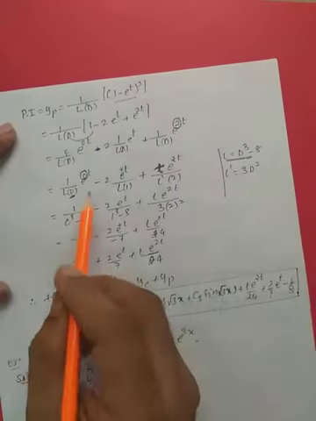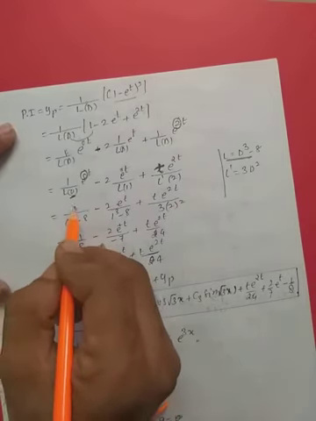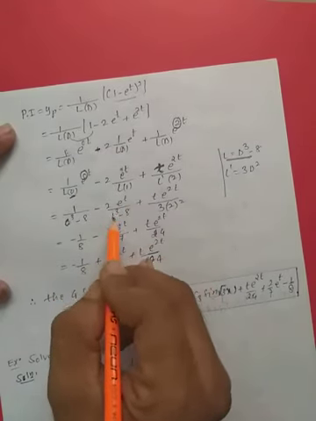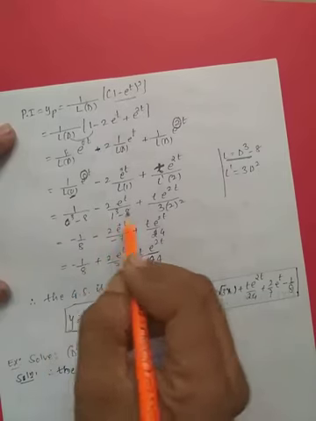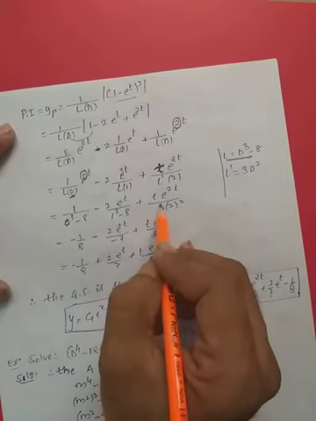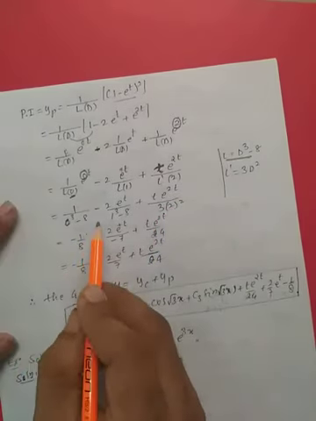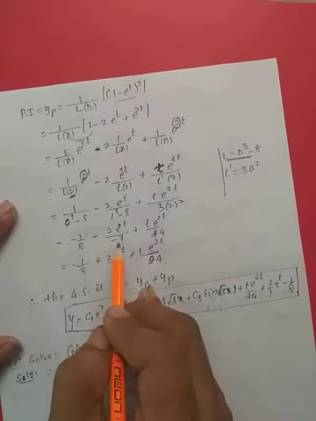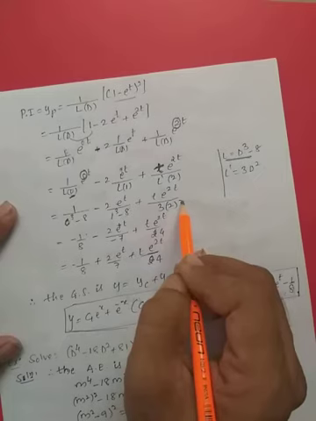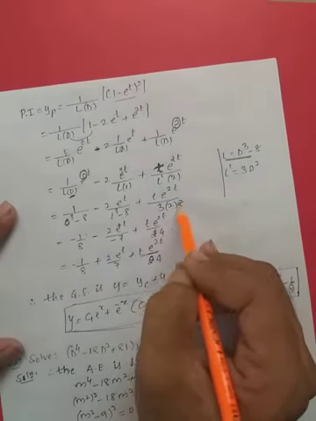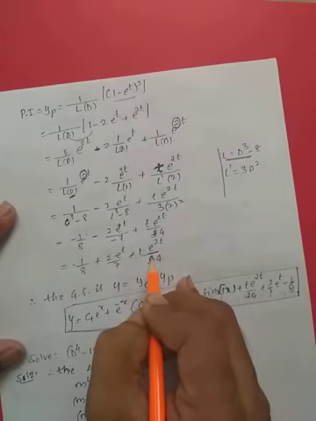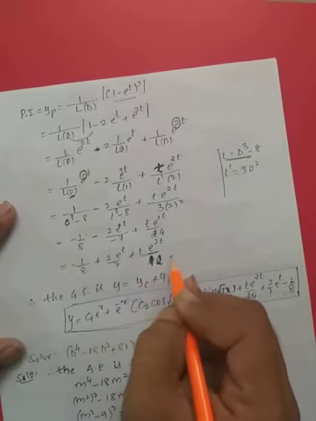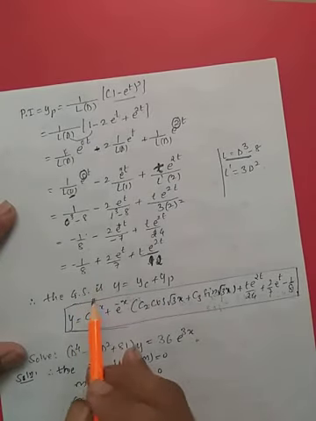Now this becomes e to the power 0t, which means 1, then 0 cube minus 8, minus 2 times e to the power t divided by, wherever D is there, substituting 1, that becomes 1 cube minus 8, plus t into e to the power 2t divided by L dash of 2, which means 3 into 2 square. 2 square is 4, 4 into 3 is 12. Done. Therefore this is the required yp.